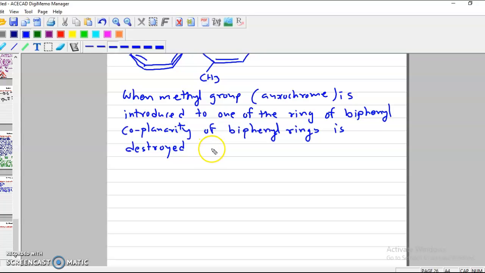Why? Because of steric hindrance. And the one ring, which is the substituted ring, will change the plane. Okay. Now, both rings are perpendicular to each other.